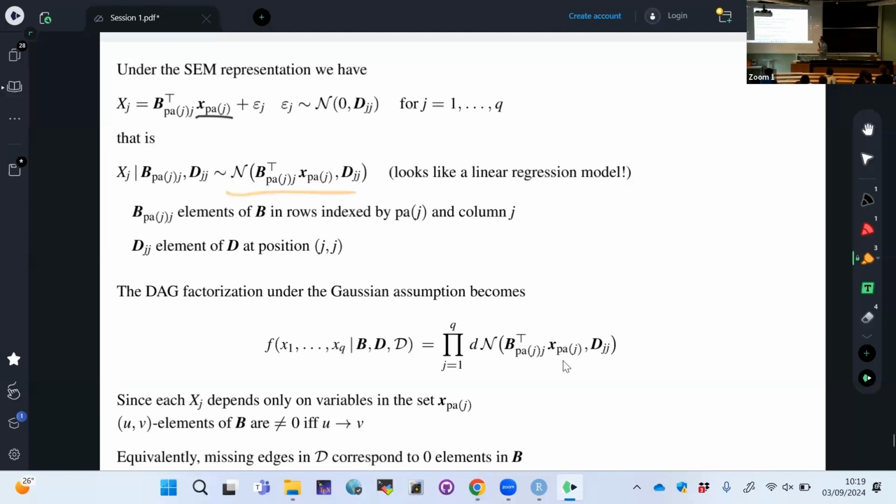Okay, for now, what we are more interested in is to write explicitly the DAG factorization under the Gaussian assumption, which is written in the following form here.